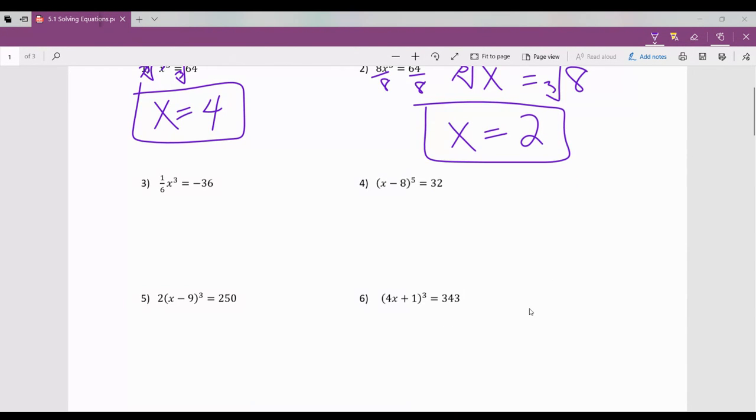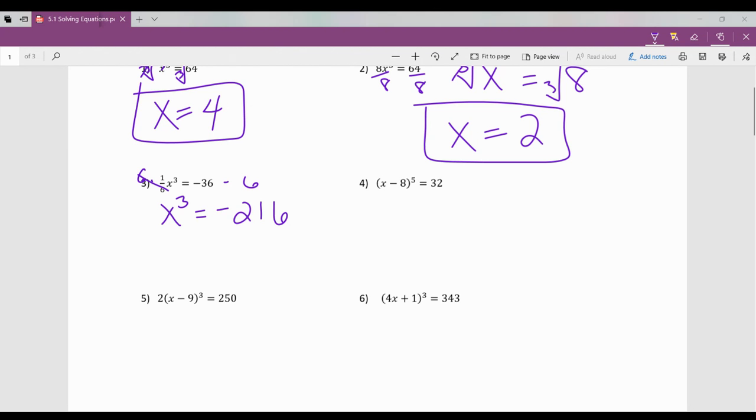All right, for number 3, we're going to do the same idea. First thing we're going to do is get rid of the 1/6 by multiplying both sides by 6. So 1/6 times 6, they cancel. So we get x to the third equals negative 36 times 6, which is negative 216.